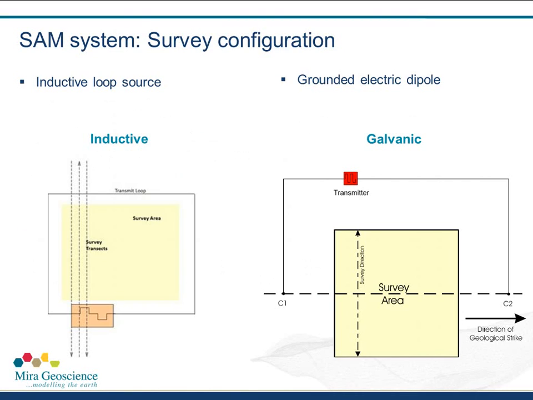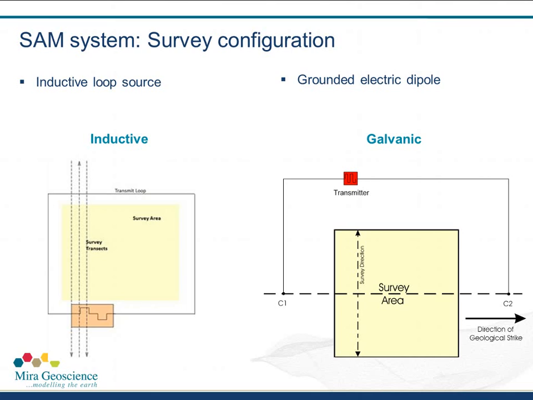So more visually, these are the two system modes. One is the inductive loop, so here we have a wire loop strung around the survey area. It could be offset depending on what sort of coupling you want. The survey area is normally inside the loop, and then you survey lines across the survey area in your preferred direction, either on the ground or using your own receiver platform.